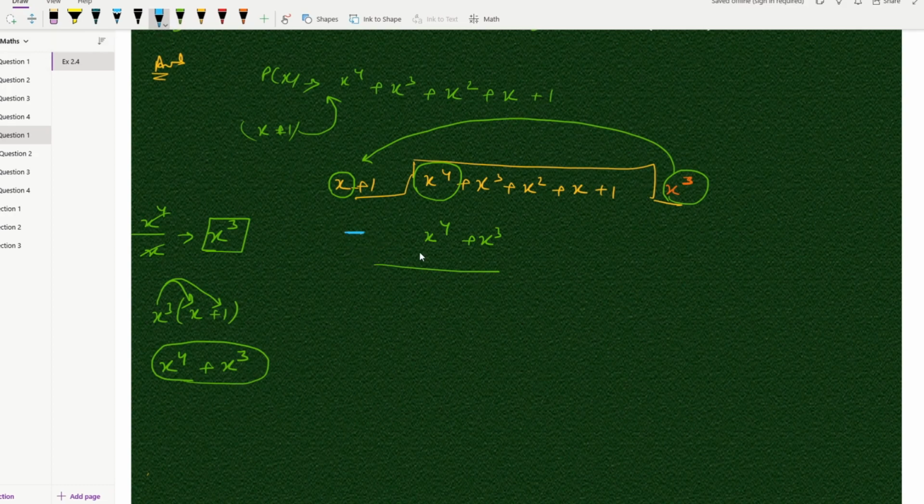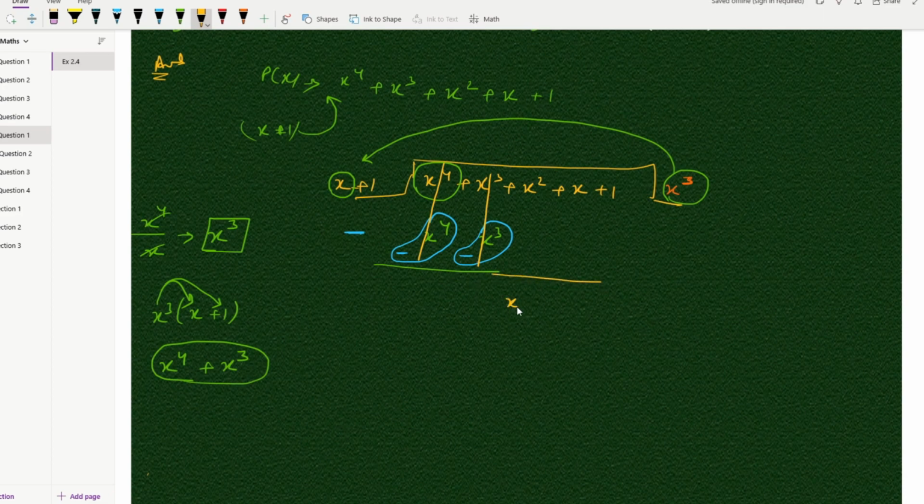Here the sign is plus, here the sign is minus, so it will become minus in both the cases. पुराने साइन को हम डिलीट कर देते हैं. So these two terms will get cancelled out, and these two terms will also get cancelled out.